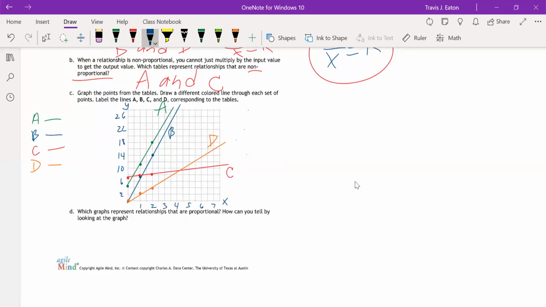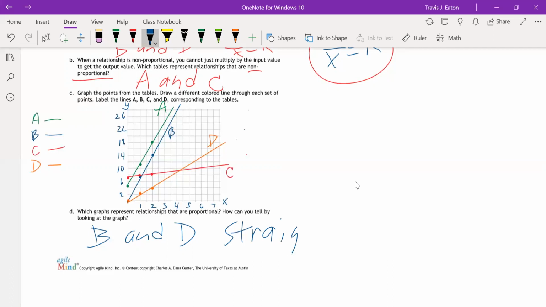Now, which graphs represent relationships that are proportional? Well, it's pretty easy to see which ones are proportional because first of all, it's B, the line that represents B, and D, because they are straight and they pass through the origin.